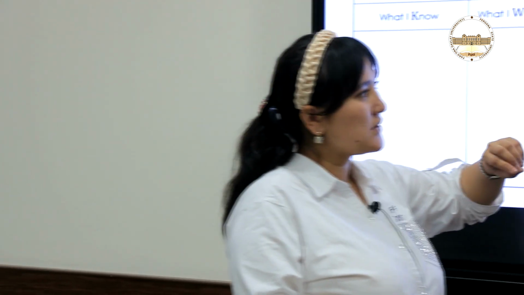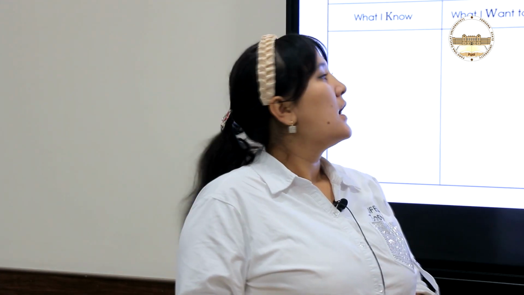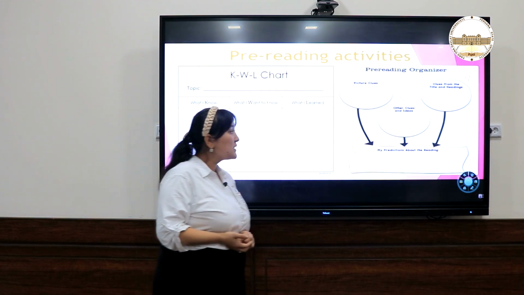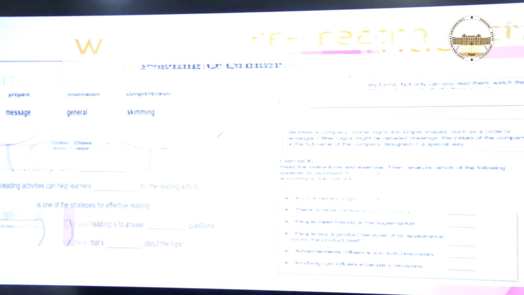The next one is the pre-reading organizer, and here they can use some kind of pictures, and they should write the title and headings. Besides this, they can write about their ideas and predictions about the reading stage.